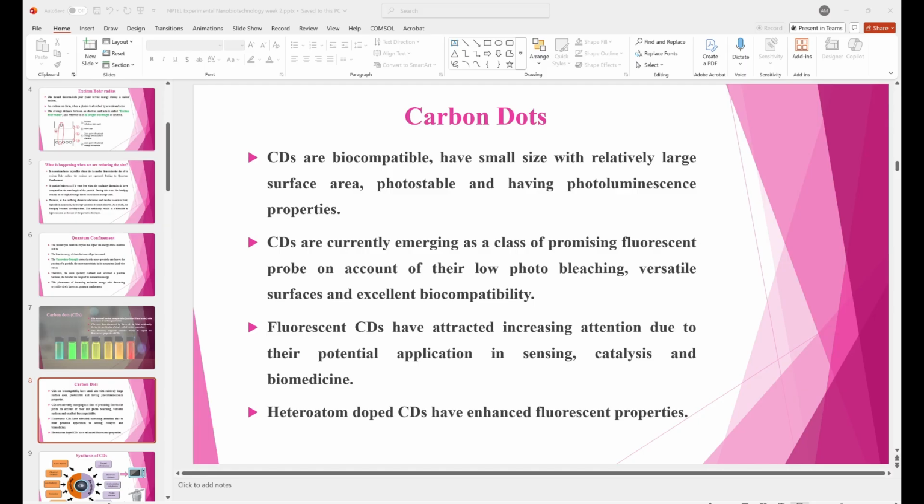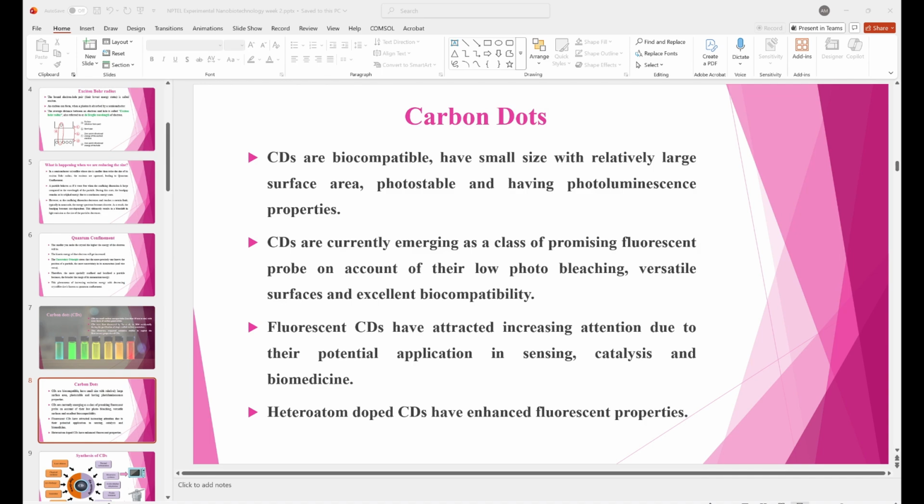So, synthesis of carbon dots. You can see there are two methods of synthesizing carbon dots, top down and bottom up. In top down, you can use laser ablation, chemical oxidation, arc discharge, sonication, and electrochemical oxidation. In bottom up approaches, you can use thermal carbonization, microwave synthesis, acidic or alkaline dehydration, plasma treatment, and hydrothermal treatment.